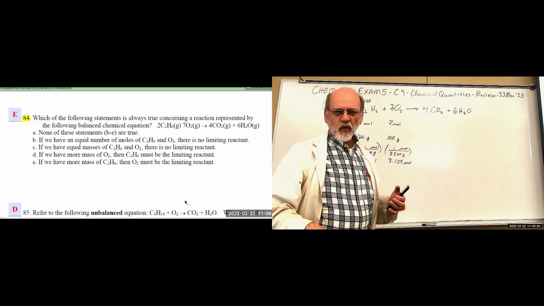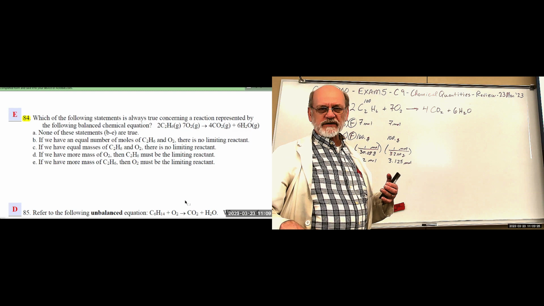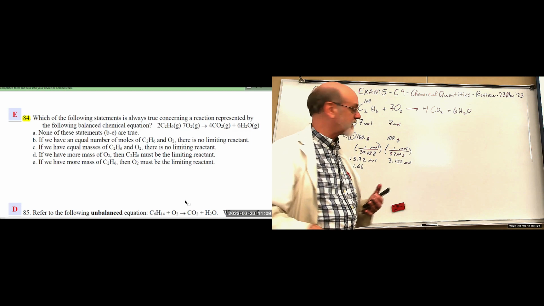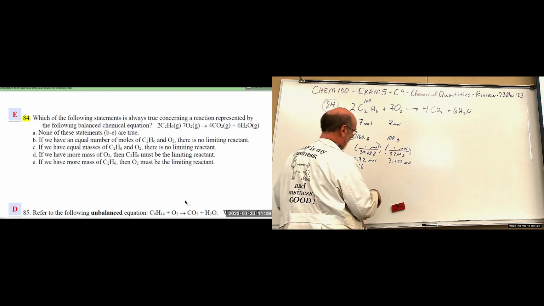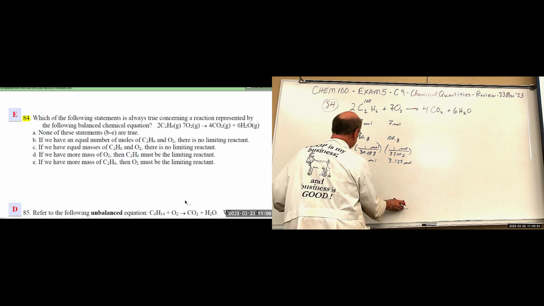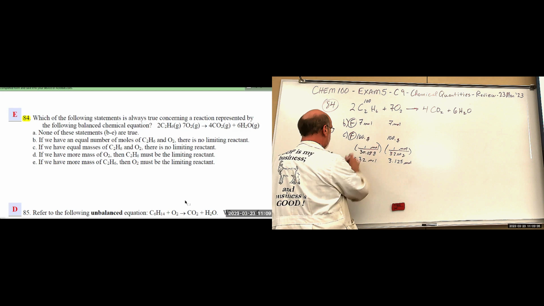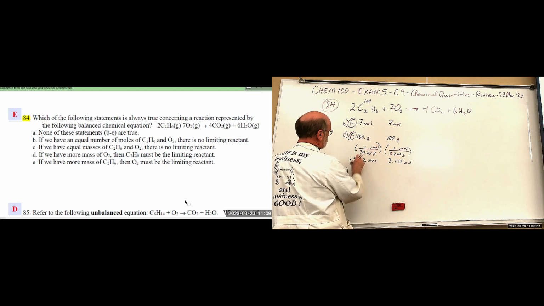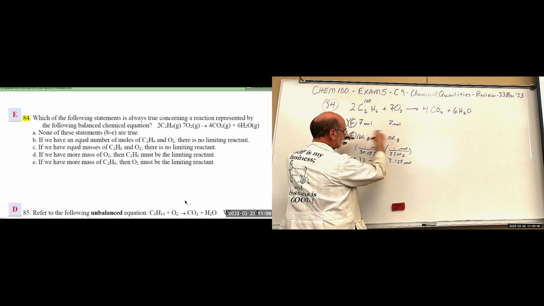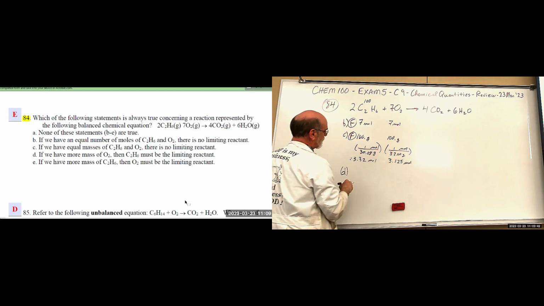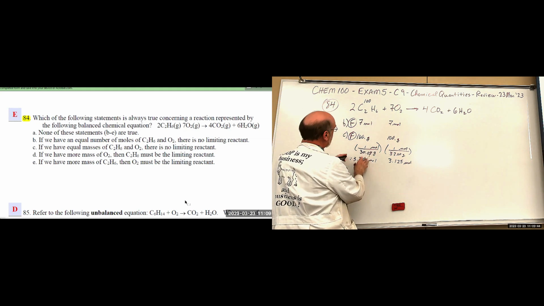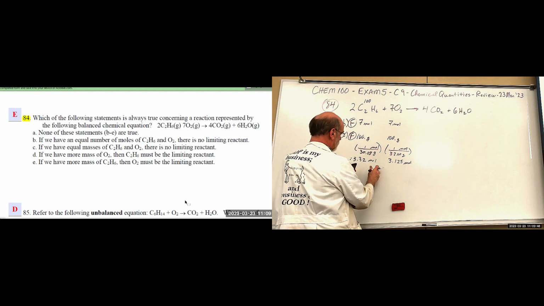D, if we have more mass of O2 than C2H6, O2 must be the limiting reactant. All right, let's do it this way. Suppose our starting point is equal masses. So for this mass of C2H6, how much mass of O2 do we need?